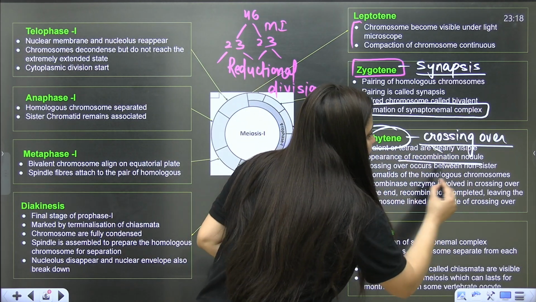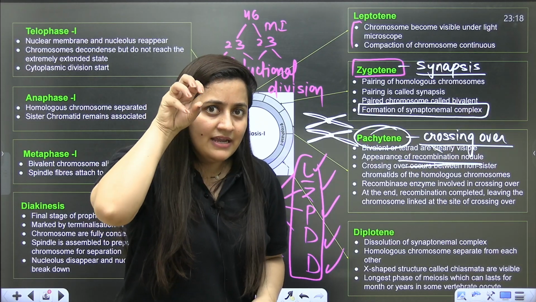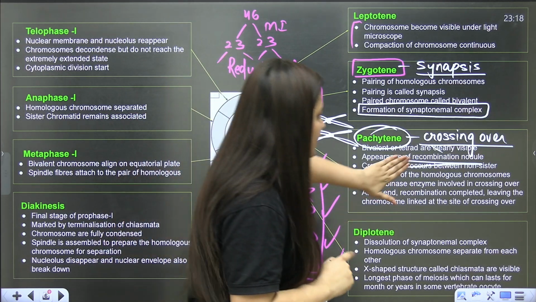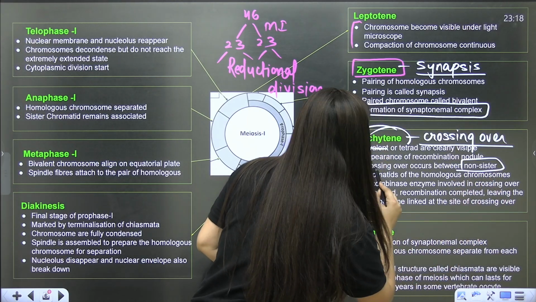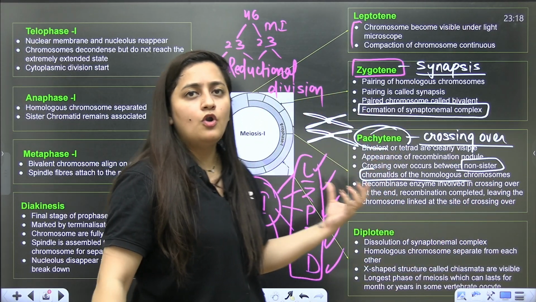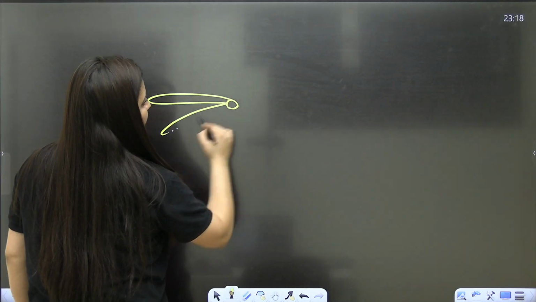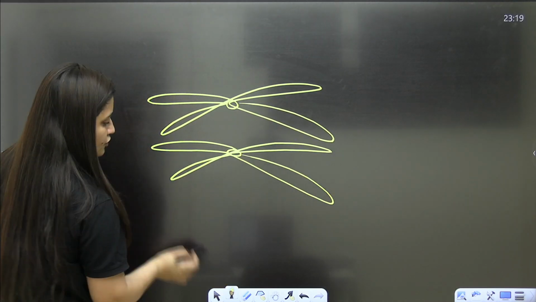Then the appearance of the recombination nodule will be there. The recombination nodule is the point where crossing over, the recombination, will occur. Crossing over will occur between the non-sister chromatids of the homologous chromosomes. What's the meaning of that? We have to consider a pair of homologous chromosomes. Here you can see the pair of homologous chromosomes.